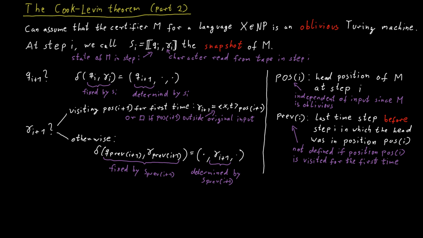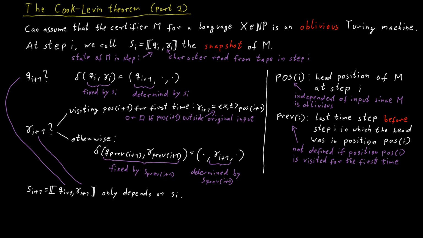And taking this all together, it means that the snapshot at time i+1, s_(i+1), somehow depends only on the snapshot at time i, s_i, the snapshot at time pref(i+1), if it's defined, and the input bit at position pos(i+1).